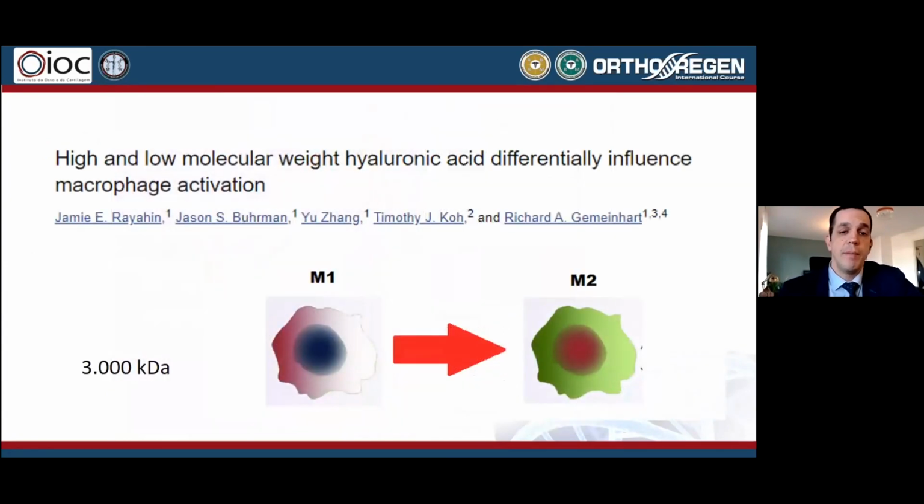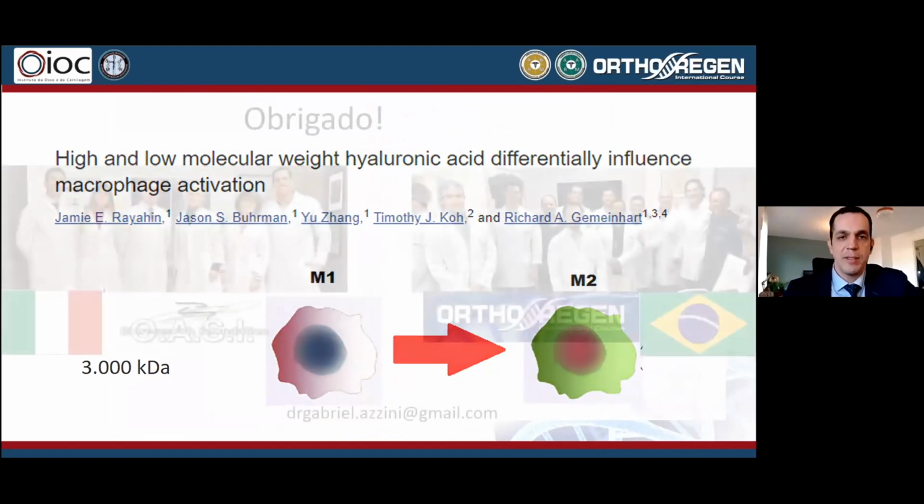And we should remember that the molecular weight of hyaluronic acid can do this. A molecular weight around 3,000 kilodaltons of hyaluronic acid can change the M1 macrophage to M2 macrophage, changing the joint environment from an inflammatory environment to a regenerative environment.